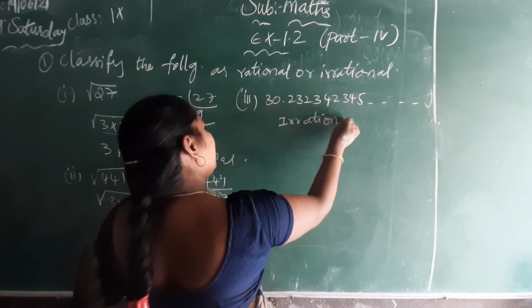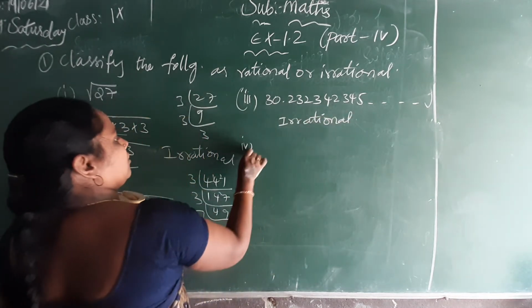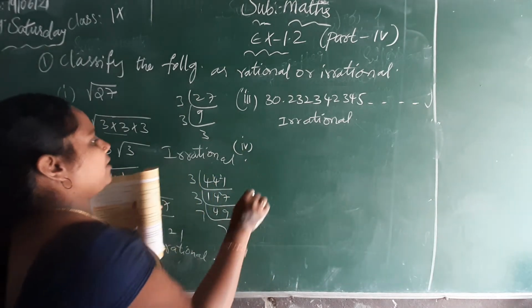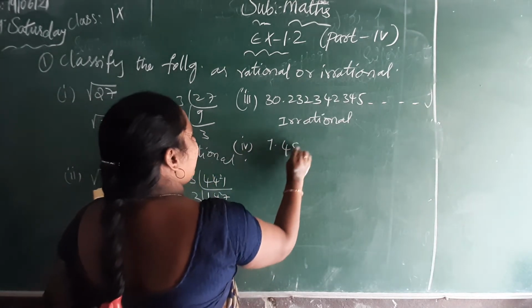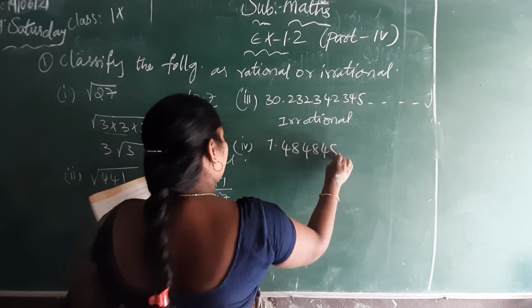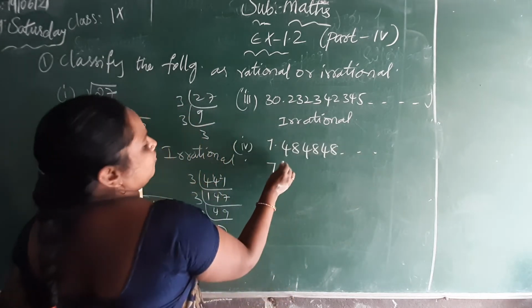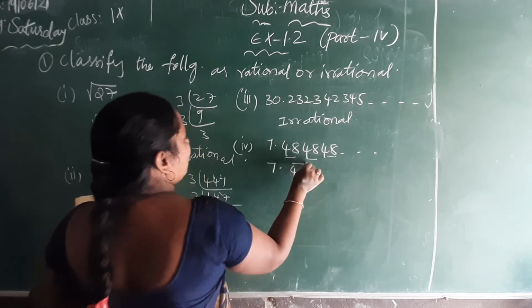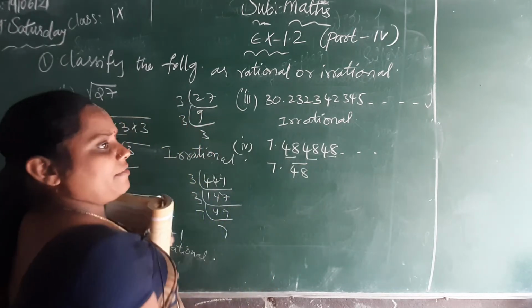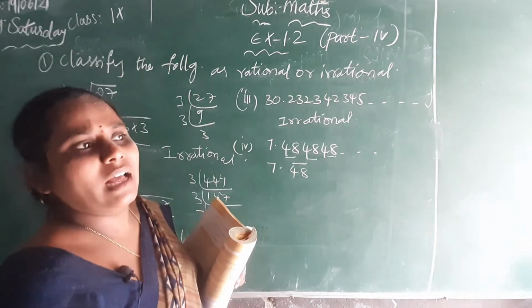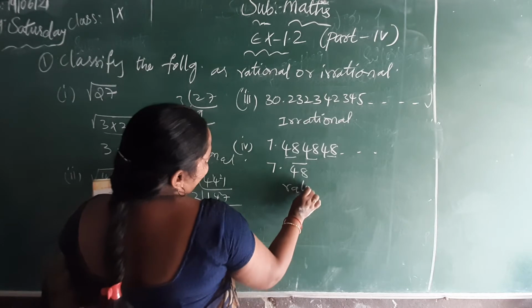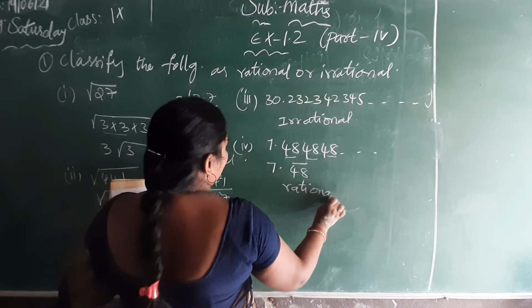Fourth one: 7.48 48 48 and so on. Here 48 is repeating, so I can write it as 7.48 bar. Yesterday we already saw how to write bar numbers in p by q form. So it is a rational number.